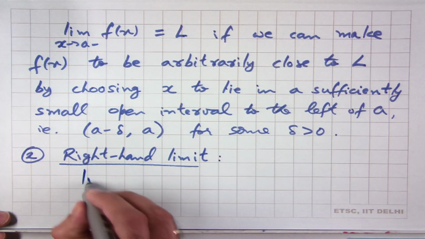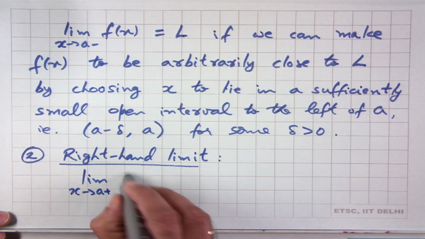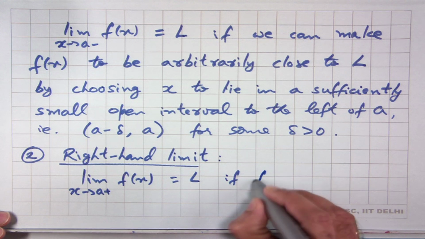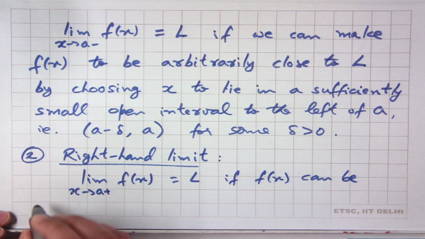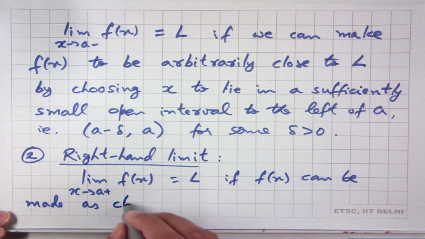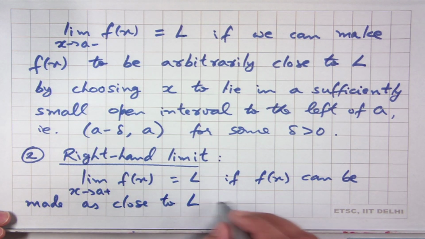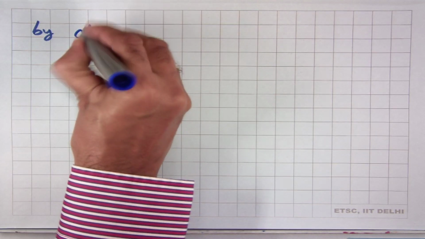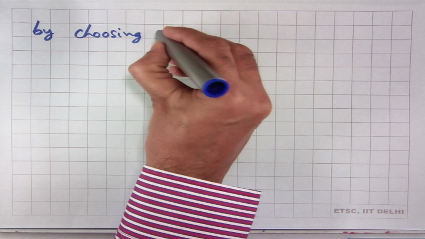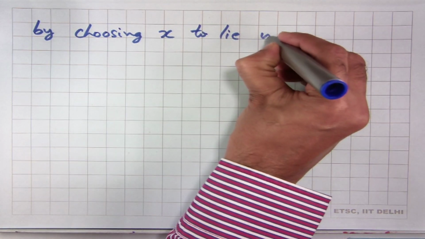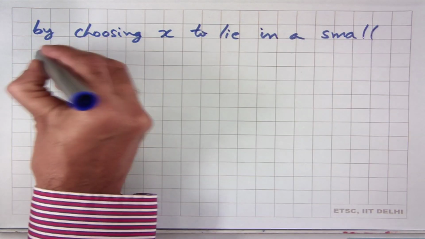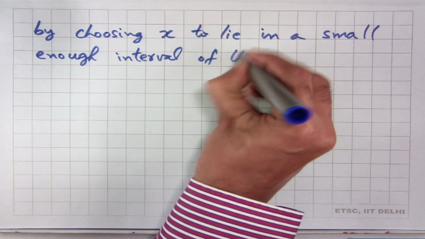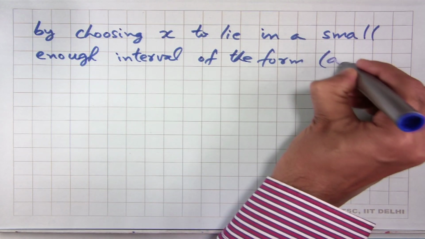This is denoted by the limit of x going to a plus of f of x, and is equal to L if f of x can be made as close to L as we want by choosing x to lie in a small enough interval of the form a to a plus delta.